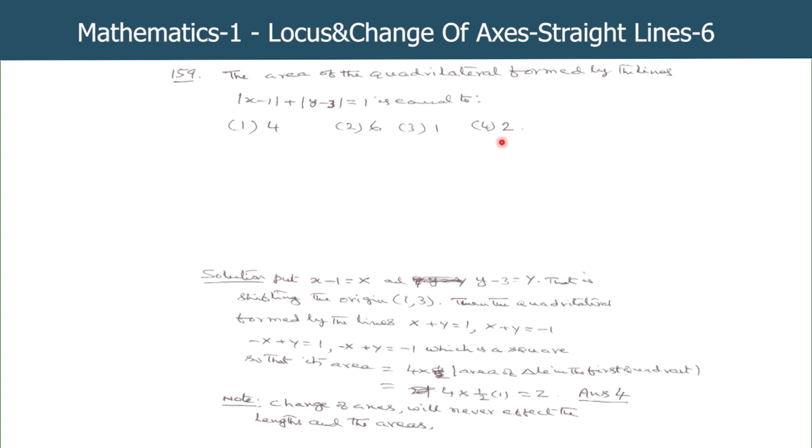That means put capital X is equal to small x minus 1, capital Y is equal to small y minus 3. And all of you know that by changing or shifting the origin, or rotation, the lengths and areas of figures will not change. Only coordinates will change.